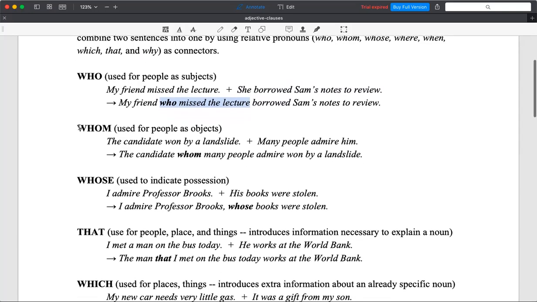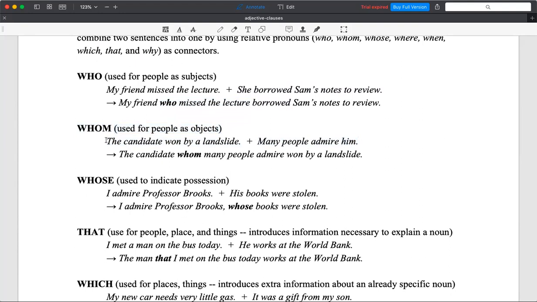You can use whom for the object case. For example, if you have the sentence, the candidate won by a landslide, my second short sentence is, many people admire him. I need to create an adjective clause. Instead of him, I would say whom, because whom is the pronoun that replaces the object.